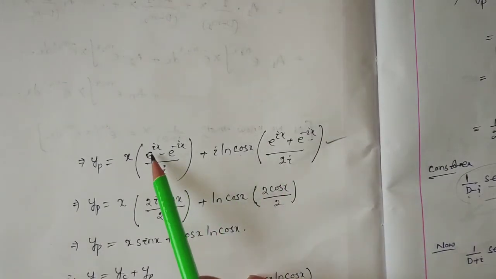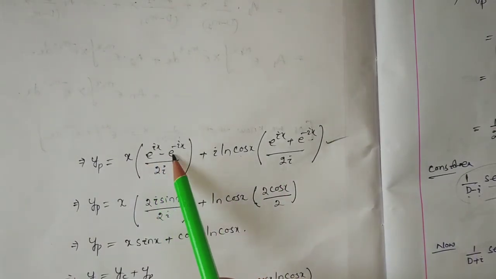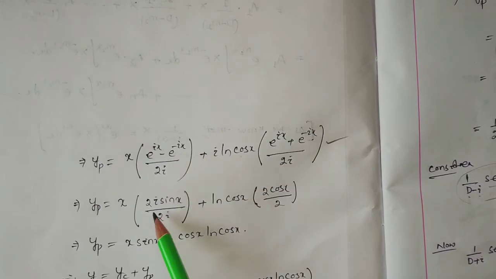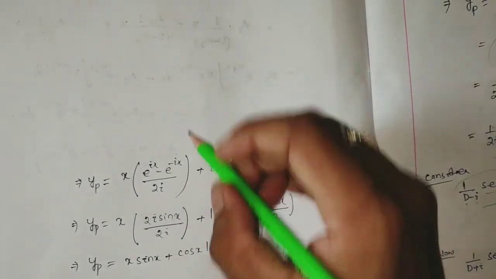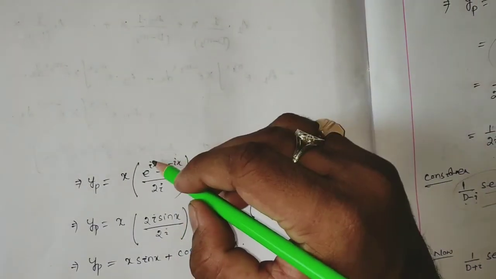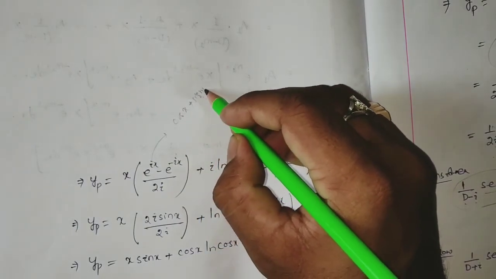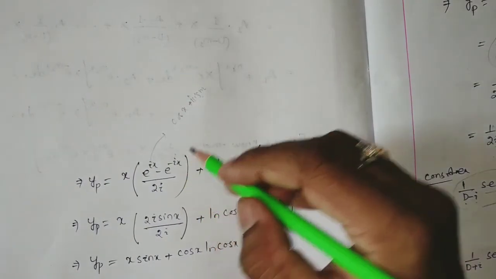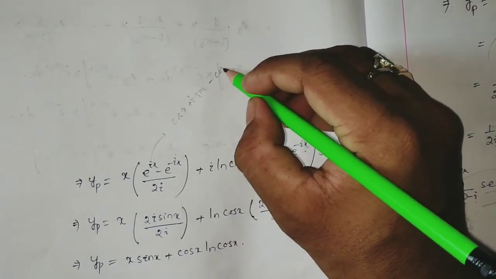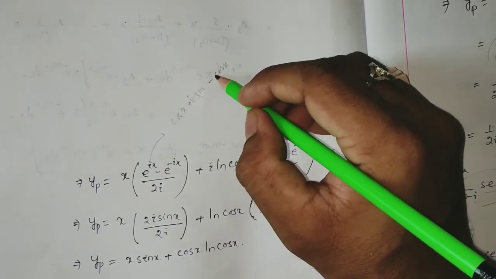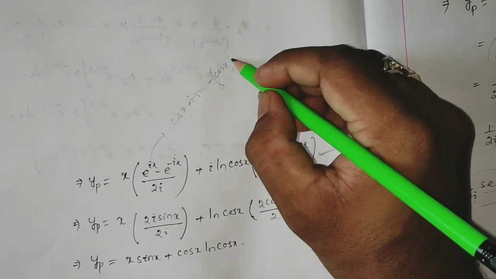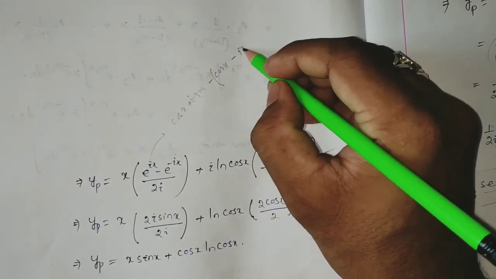And we know that e to the power ix minus e to the power minus ix is nothing but 2i sin x. e to the power ix is cos x plus i sin x, and e to the power minus ix is cos x minus i sin x.